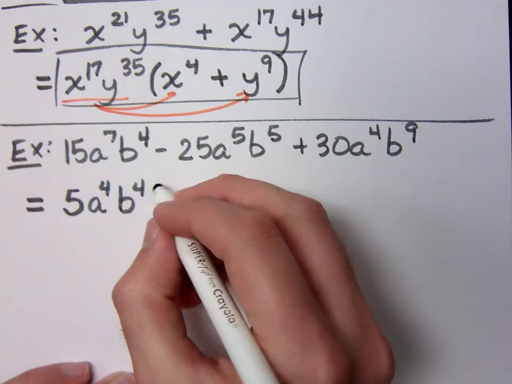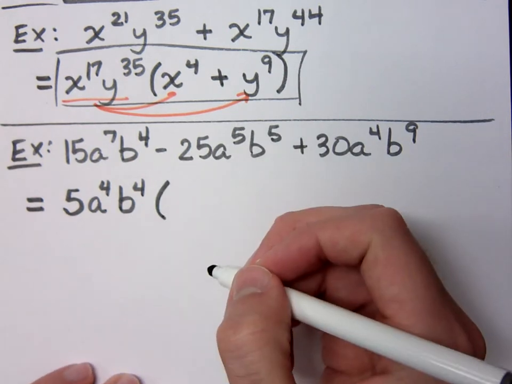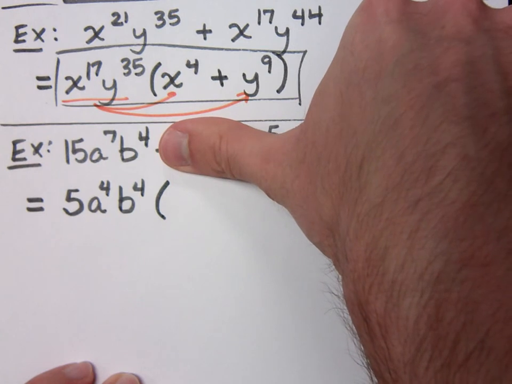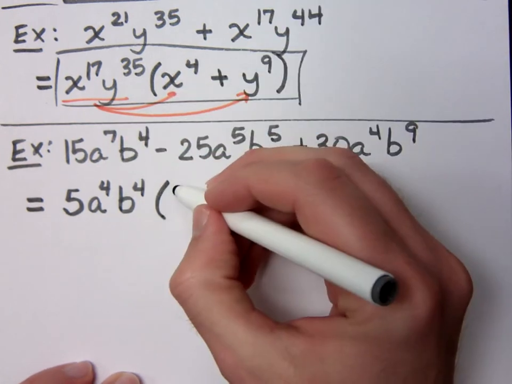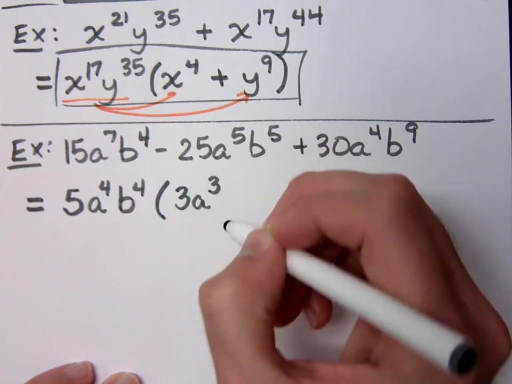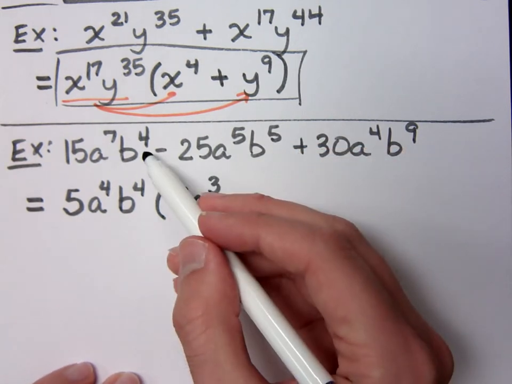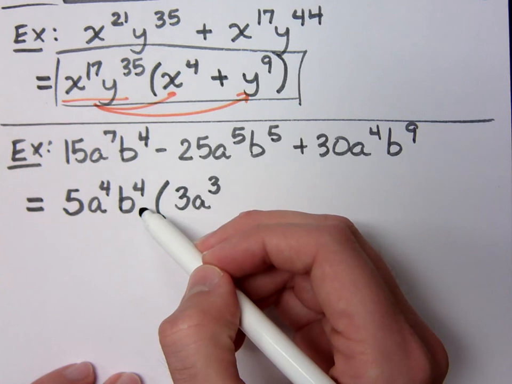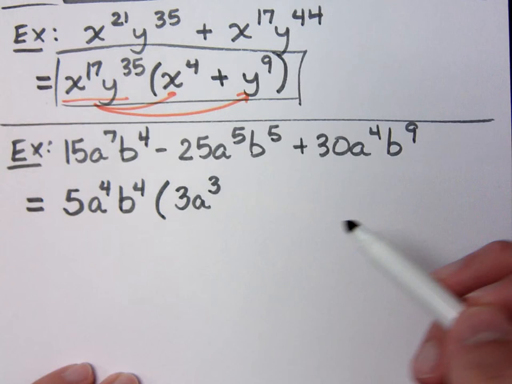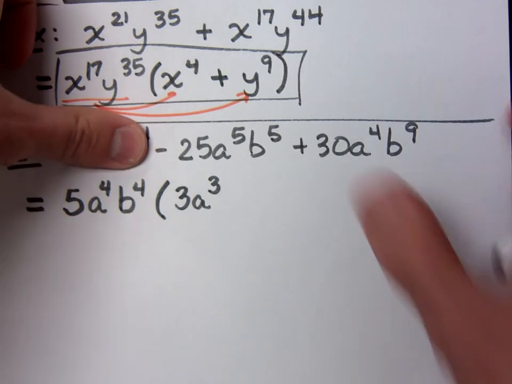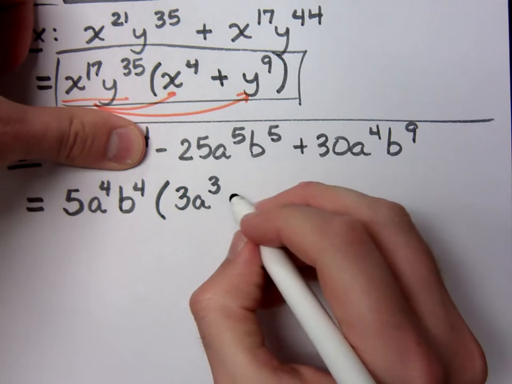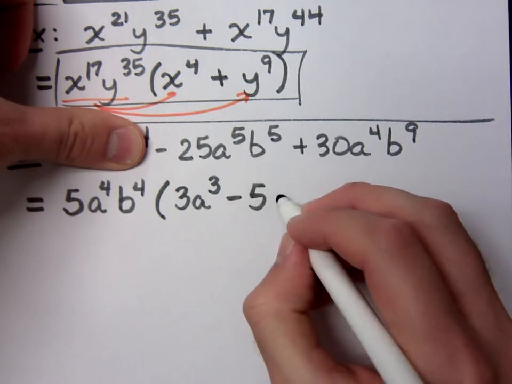So if I factor that out, tell me what I have from this first term. 3a to the third. Do I have any b's left here? No. I had b to the 4th, but I took out all of the factors of b. All right. Now look at this next term. -5 a to the first.